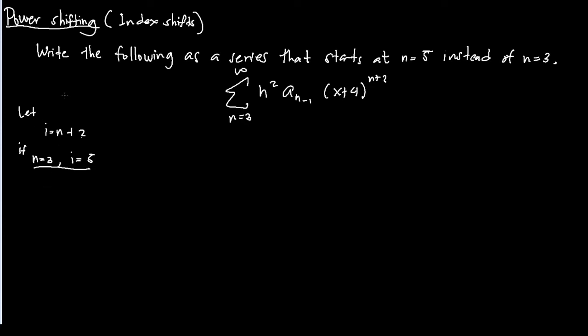Another relationship from this one, from the definition I equals n plus 2, n should be I minus 2, so that we could replace all of the variables n from the power series itself.